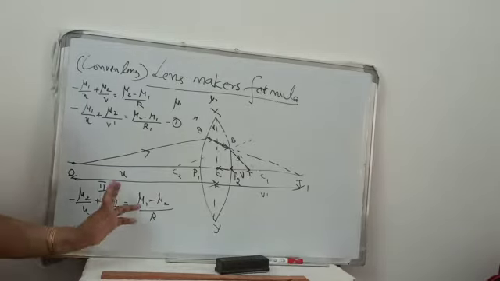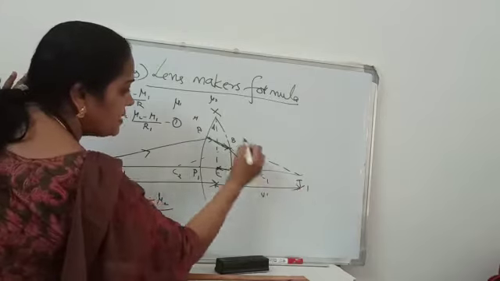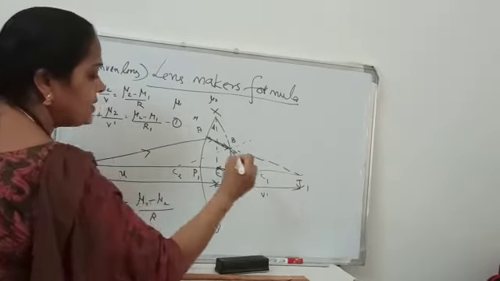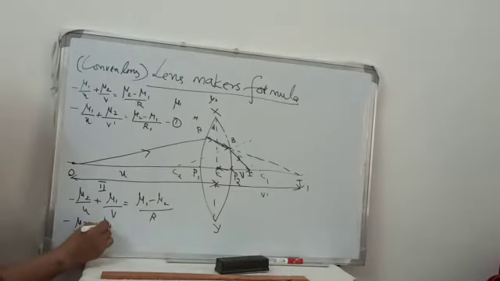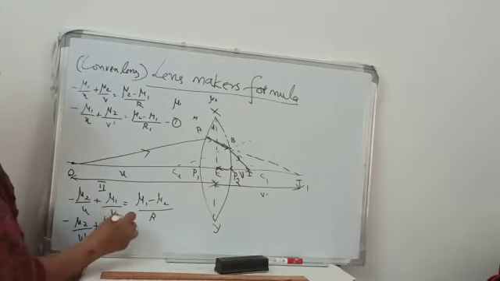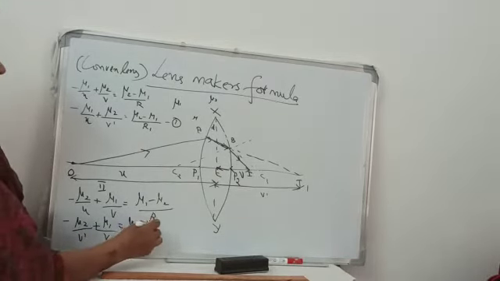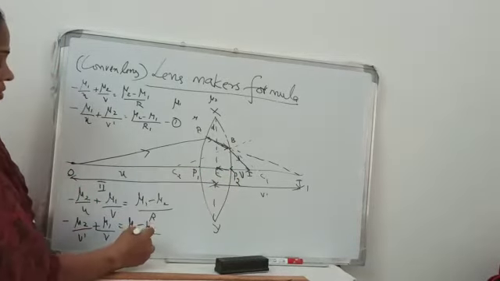Now, let us substitute for u and v. Here, this is the object for this surface, so this is the object distance. I write it as minus mu2 by v dash plus mu1 by v, where v is the image distance, equal to mu1 minus mu2 by the radius of curvature of this surface, which is r2.